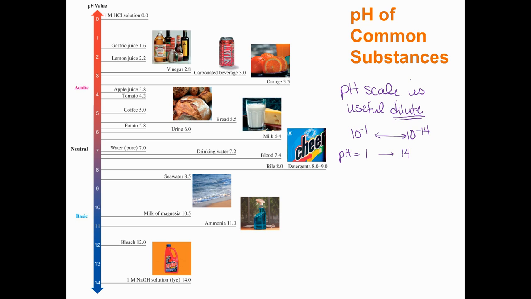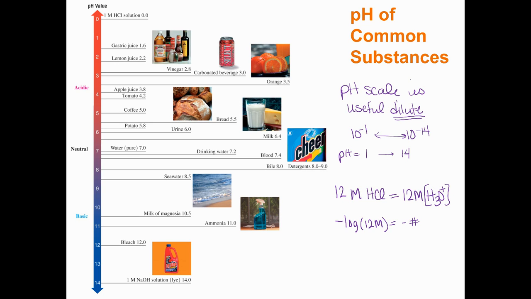There are acids that are super concentrated. So if I have like a 12 molar HCl, that means 12 molar H3O plus. Well, if you plug that into your calculators, you're going to get a negative number. And that's therefore not the point of this.